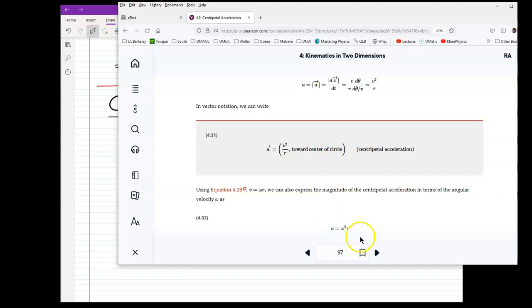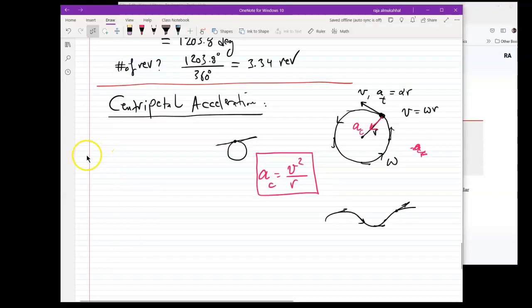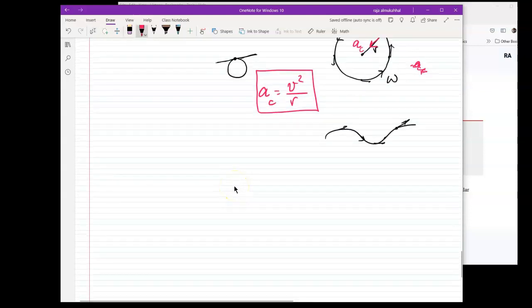Another way of writing it is a equals, the same formula, omega squared r. Why that? Well, look, we said that the acceleration is v squared over r, but we know that v is omega r, remember? It's right here.